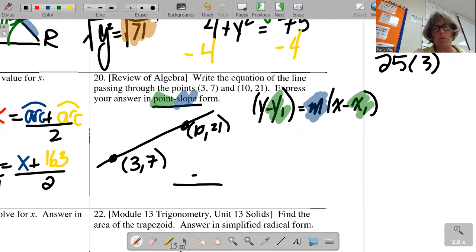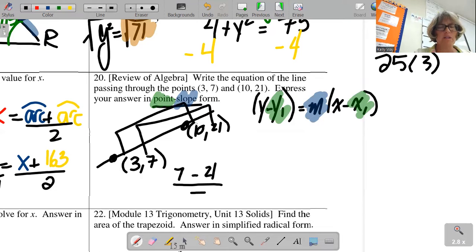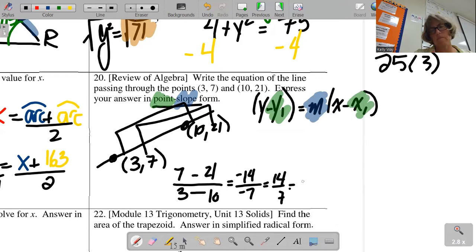So slope is y minus y over x minus x. So your m is going to be 2.